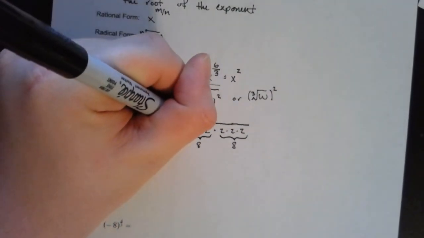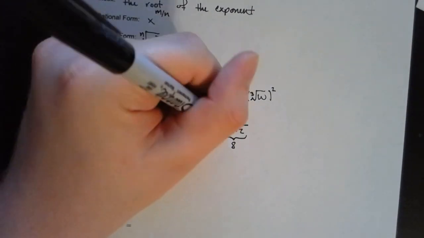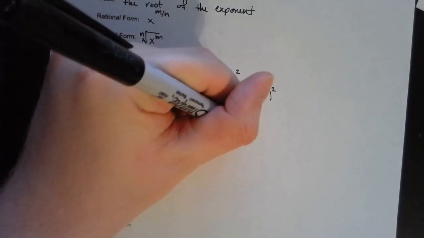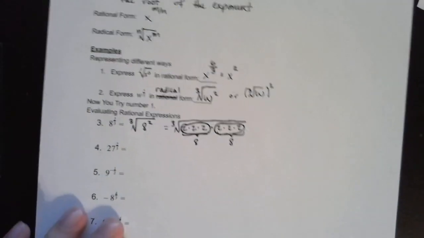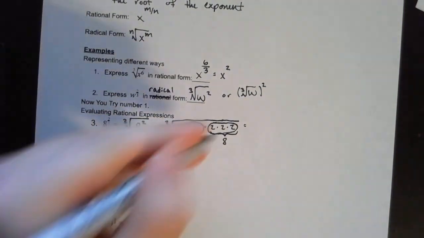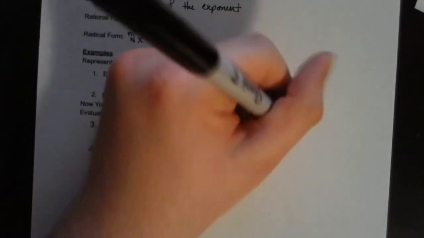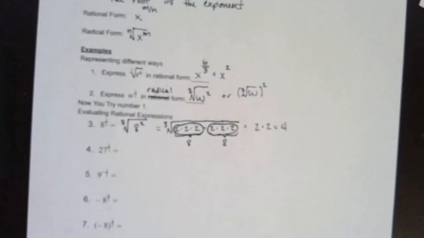So I can pull out a group of these 3 2's here, and I can pull out this group of 3 2's. So really I end up with 2 times 2 on the outside. 2 times 2 is 4.